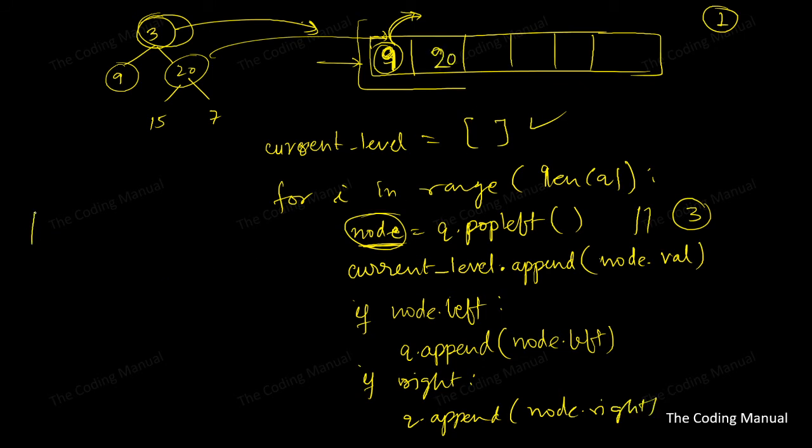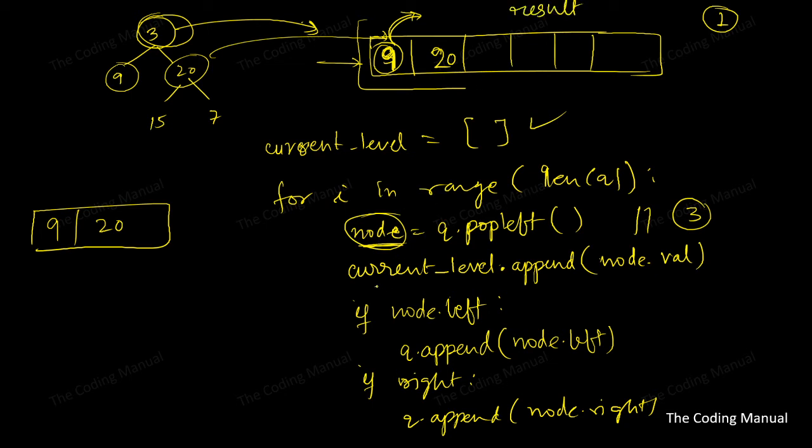So right now q has 9 and 20. Okay, now after this, we will have a resultant list.